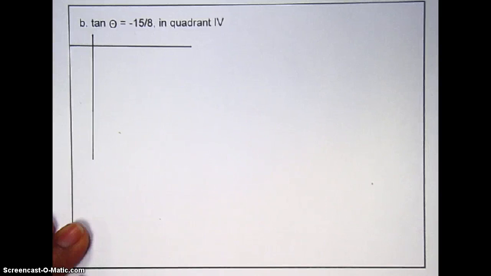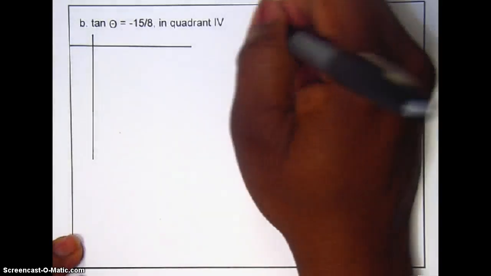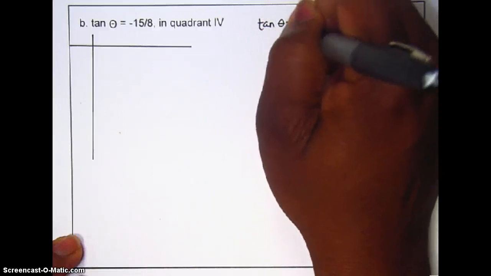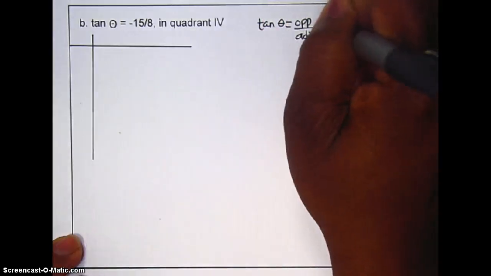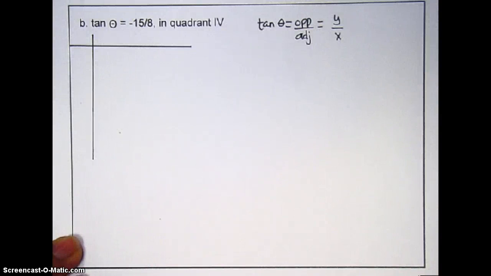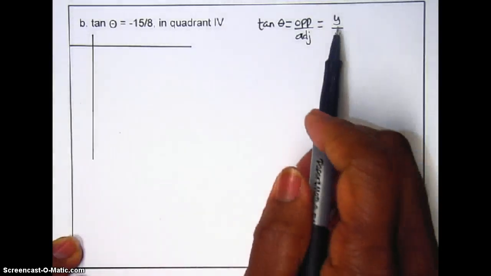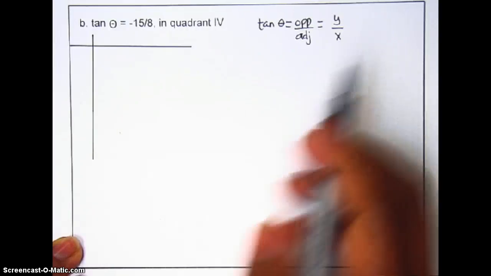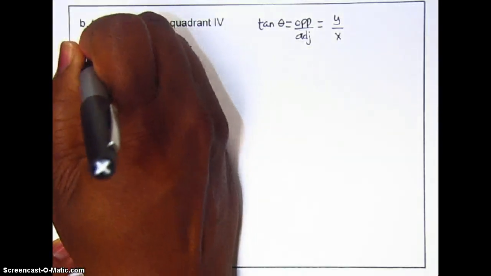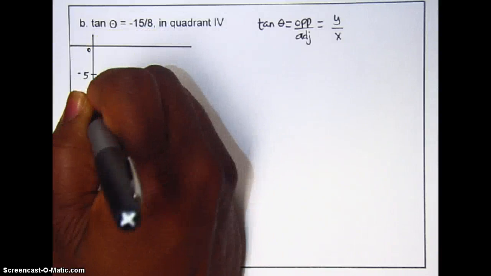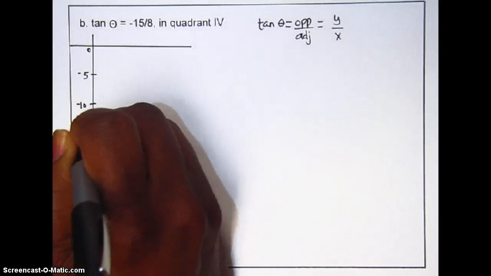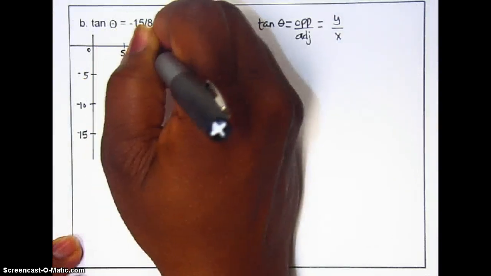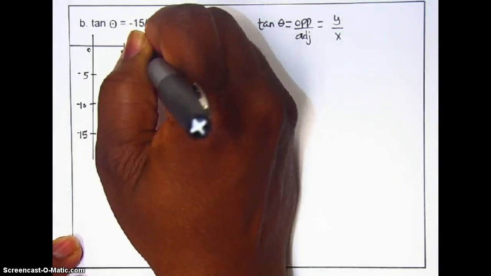So I have this angle theta, and understanding that tangent is opposite over adjacent, which in terms of x, y, and r results in y over x, I know that I'm looking at a distance of 15 in the y direction, the negative y direction, and a distance of 8 in the positive x direction. So as I start to map that out, if this is 0, I'm going to estimate here negative 5, negative 10, negative 15 for y, and then 5, about 10, and 8 would be maybe right here.